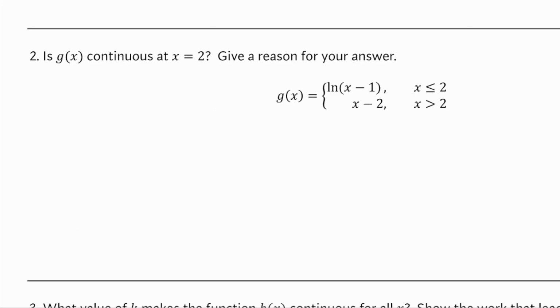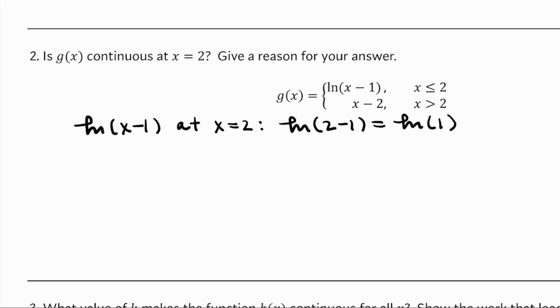All right, so we're going to say what happens when I plug in x equals 2 into natural log of x minus 1. I'd say natural log of 2 minus 1 equals the natural log of 1. That's the exponent I would put on e to get 1, and that would be 0.